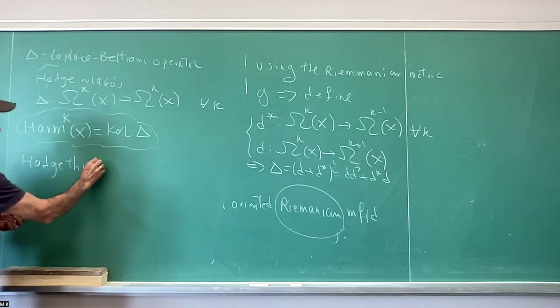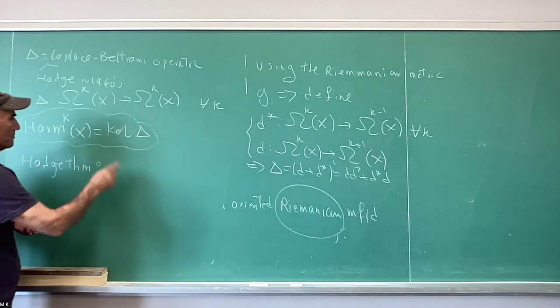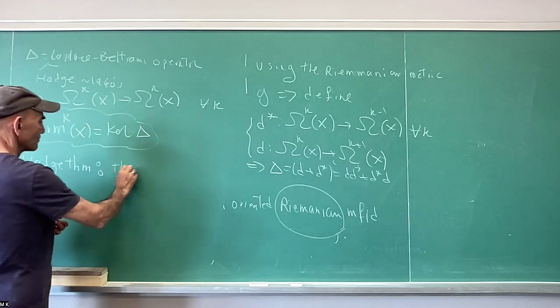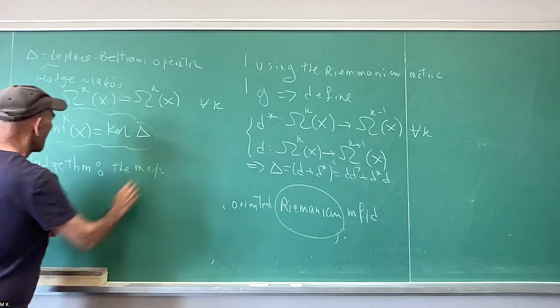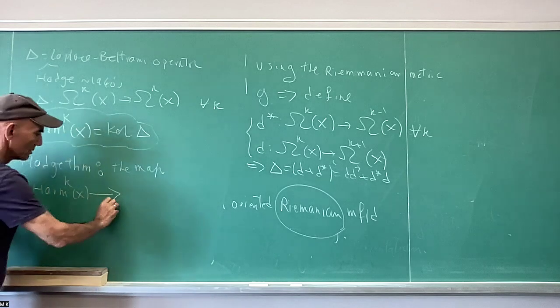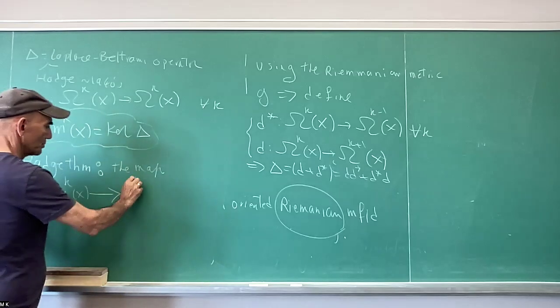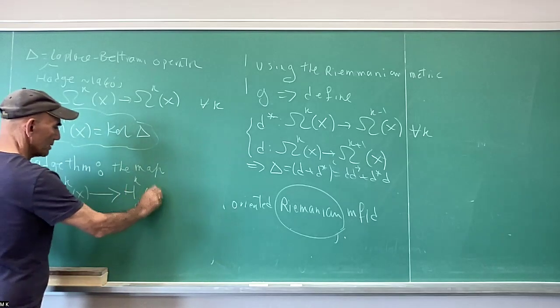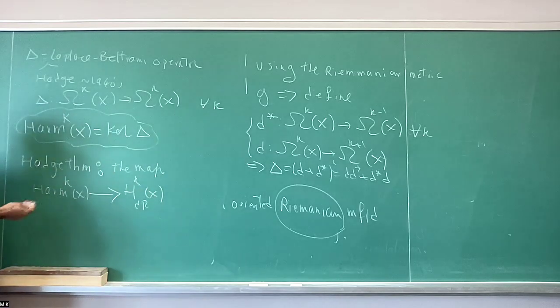The Hodge theorem is the following: the map from harmonic k-forms of X to H^k de Rham of X is a bijection.